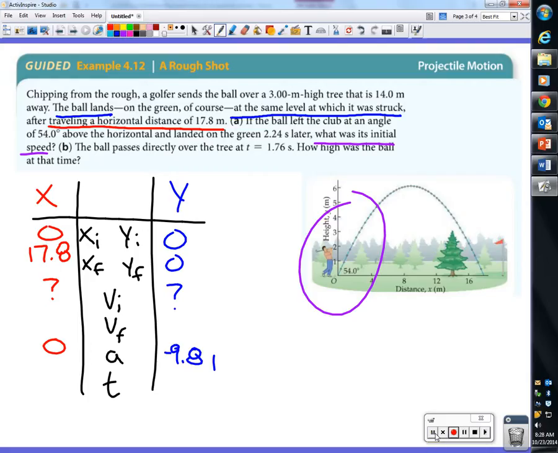Meaning on the y-axis, it starts here, it goes up, but then it comes back down. So the final position is the same as the initial position on the y-axis, right? It doesn't end and begin in the same spot overall because we have to take into account both of those dimensions. But on the y-axis, it goes up and it comes back down. So y initial is 0, y final is 0.